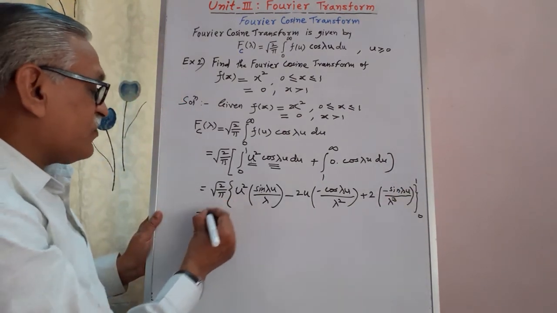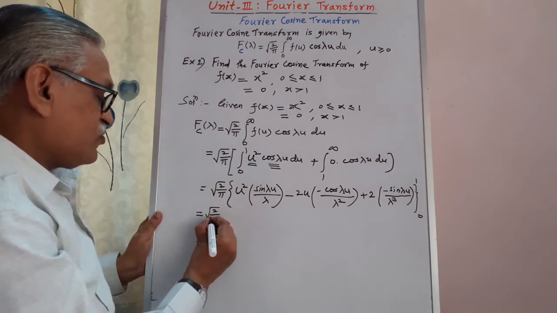Substituting the upper limit for u as 1, we get root 2 by pi.